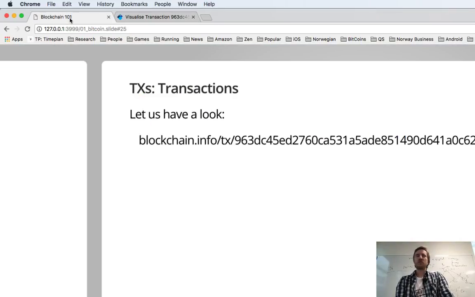So there are a number of heuristics people use, and there is big value in collecting data of known addresses belonging to mining pools or the anonymization services. So we discussed this, and it is clear to you that it's really easy to track the transactions in the Bitcoin blockchain.